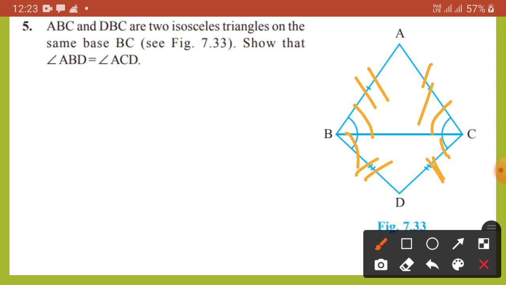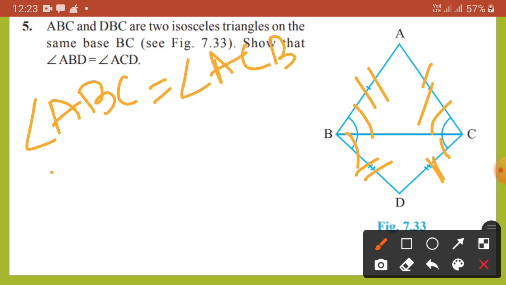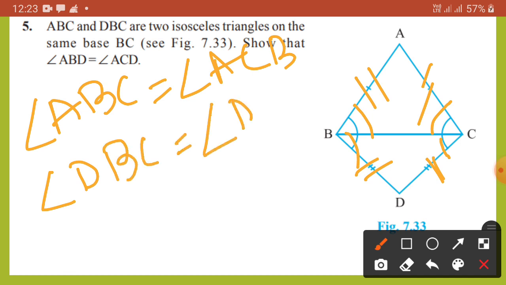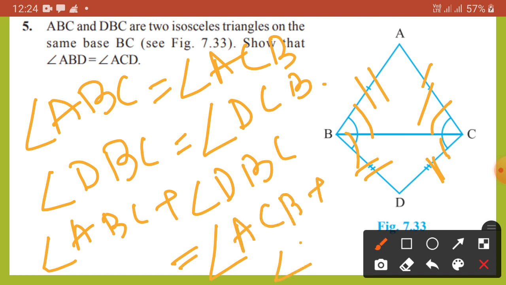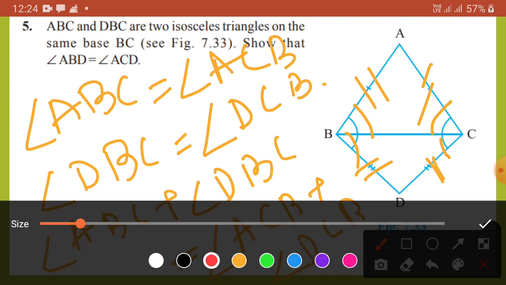So ultimately we got angle ABC is equal to angle ACB and angle DBC is equal to angle DCB. If we add these two equations, we get angle ABC plus angle DBC is equal to angle ACB plus angle DCB. Got it?